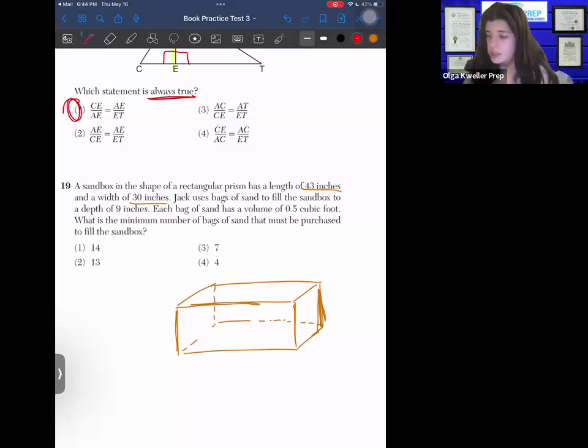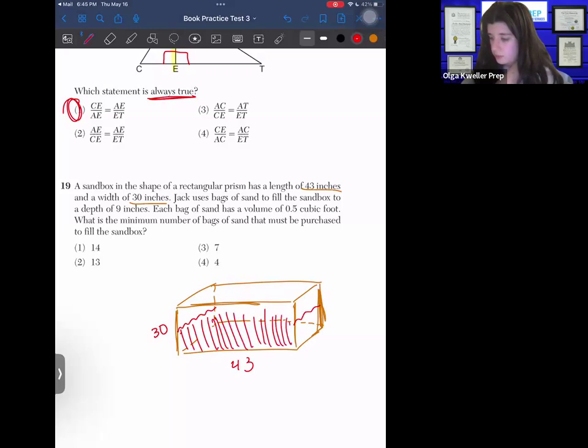What they're telling us is that we have a length of 43 and a width of 30. Jack uses bags of sand to fill the sandbox to a depth of 9 inches. So let's say it's filled, to the best of my ability. And this is going to be our 9 inches.